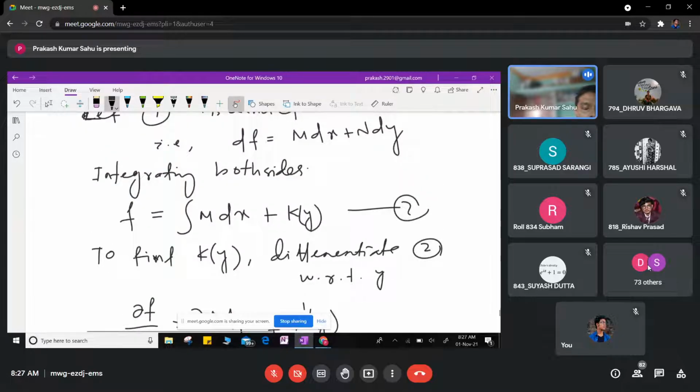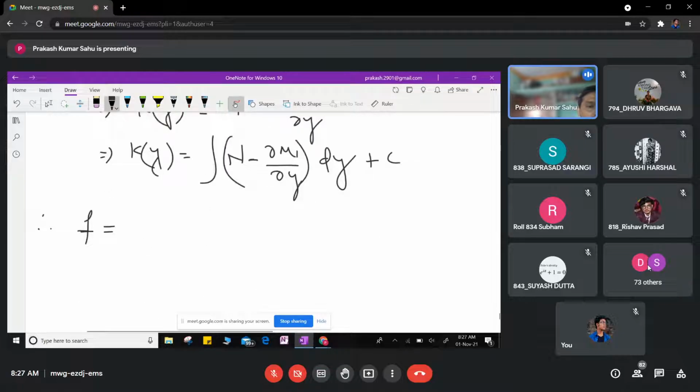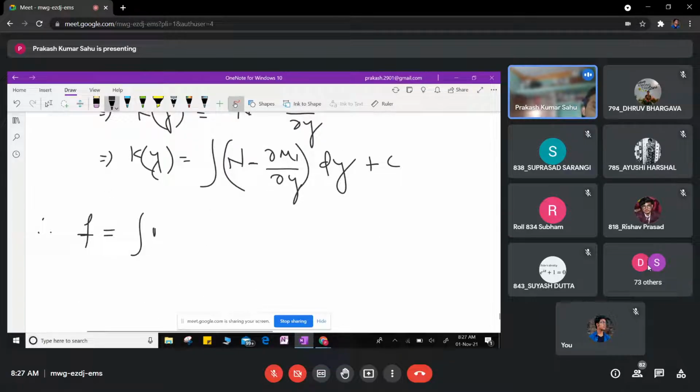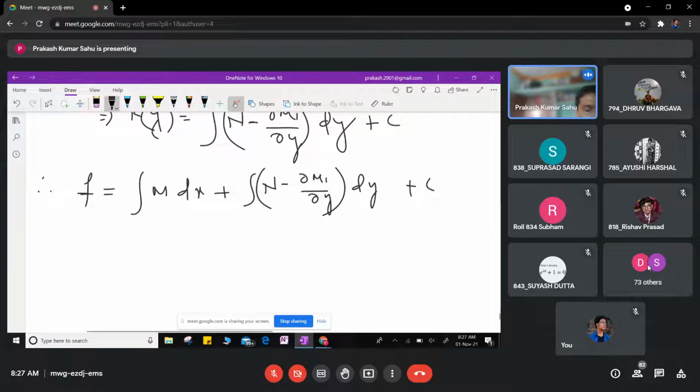In equation 2, your f is equal to the integration of m dx plus k of y. Your k of y is this much: the integration of n minus del m1 by del y, into dy, plus c. So this is your solution. If f is equal to this much, this is the solution.